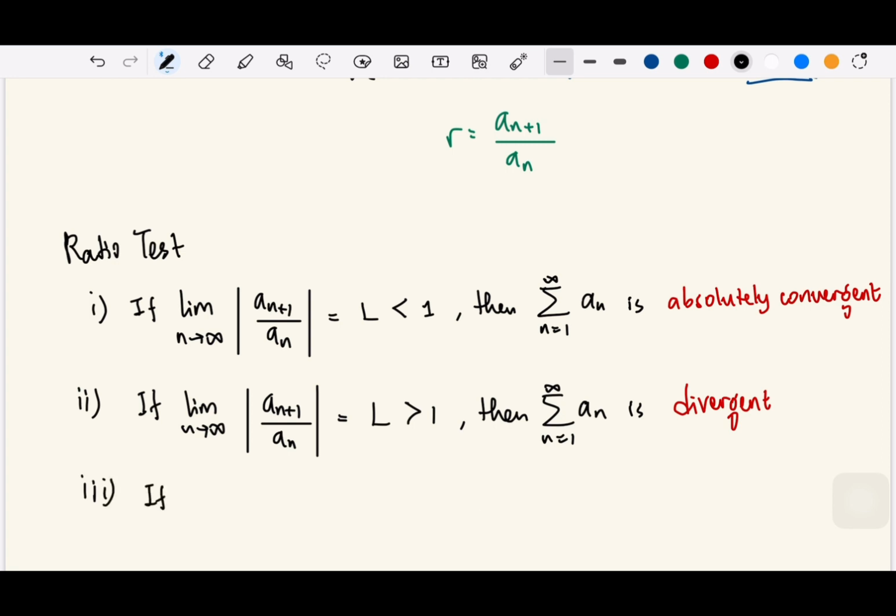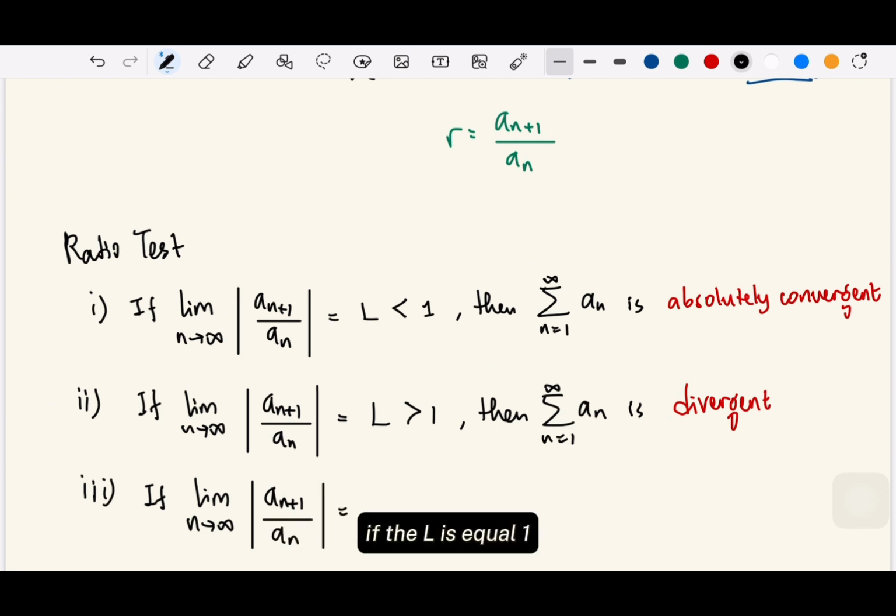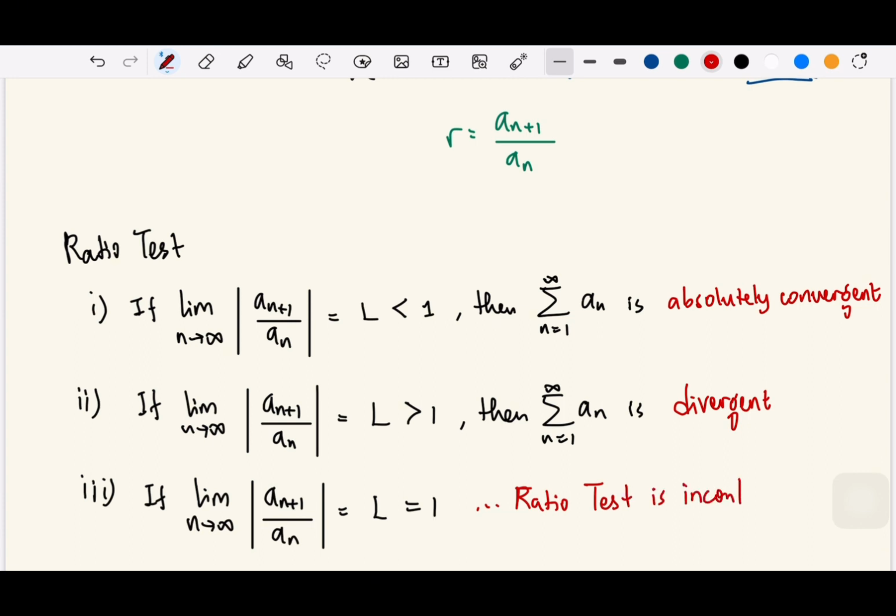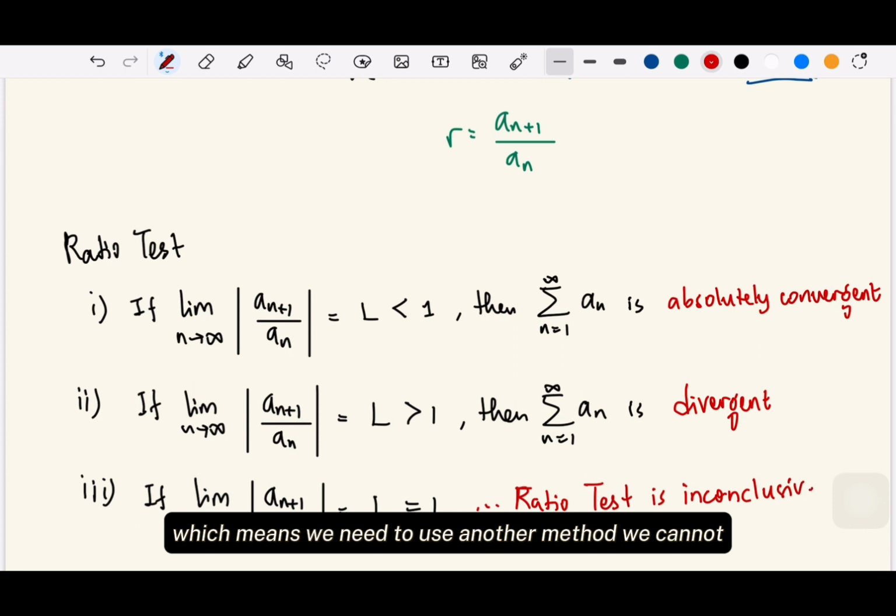And if L is equal to 1, what happens is we can say the ratio test is inconclusive, which means we need to use another method.